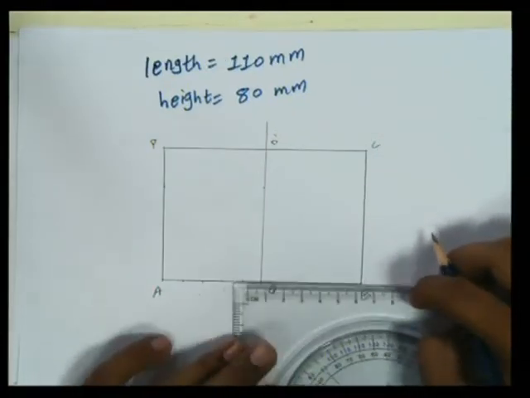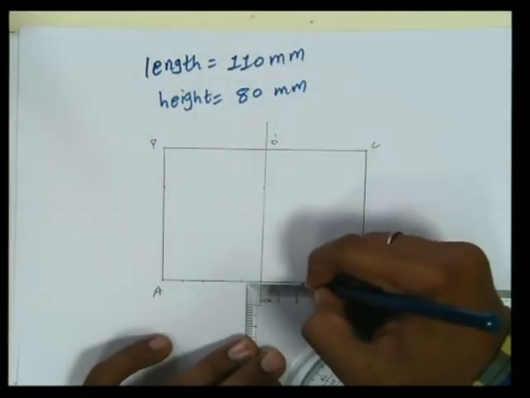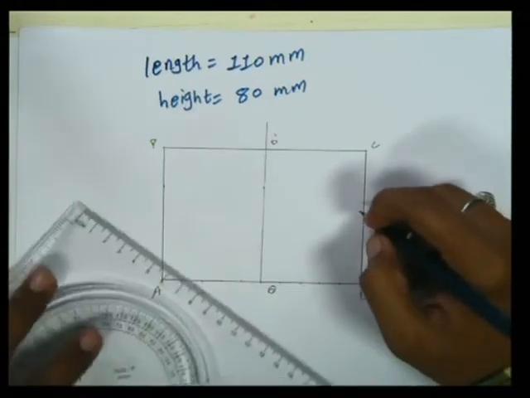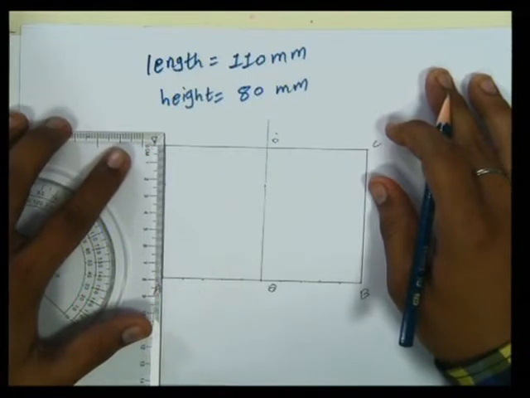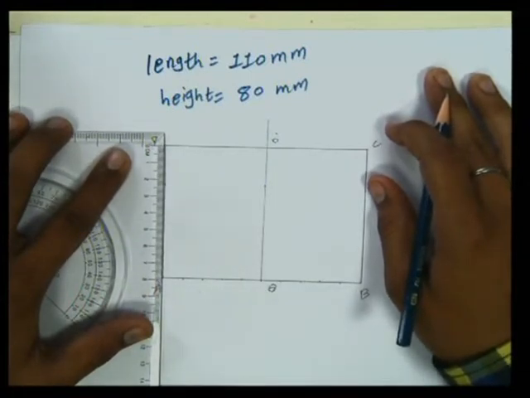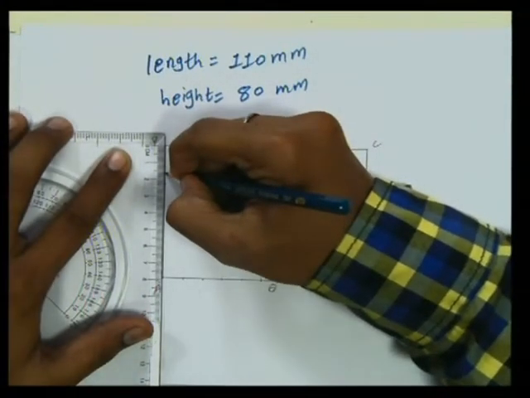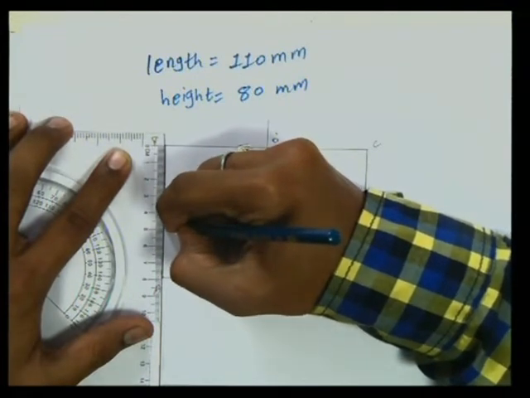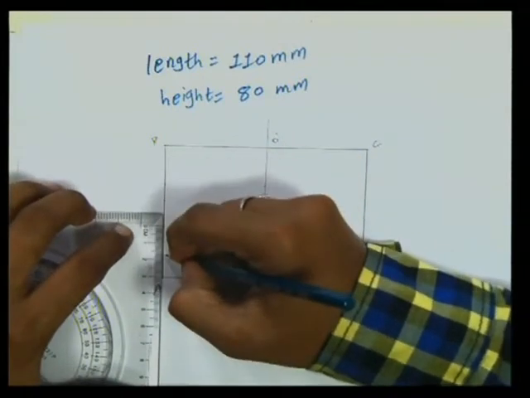Same way on OB: 11, 22, 33 and 44. Same way on the AD side. The total height is 80 mm, and if we divide it into 5 equal parts, each comes to 16: 16, 32, 48, and again 16.